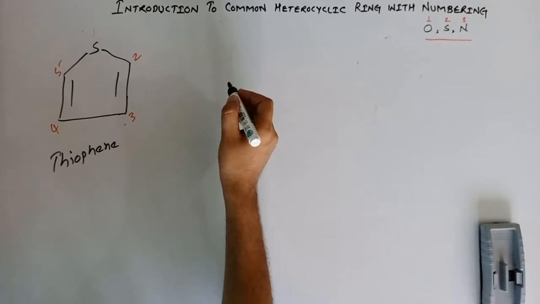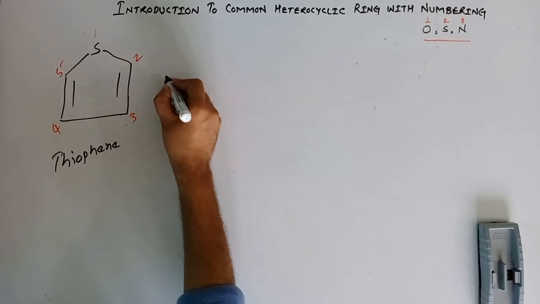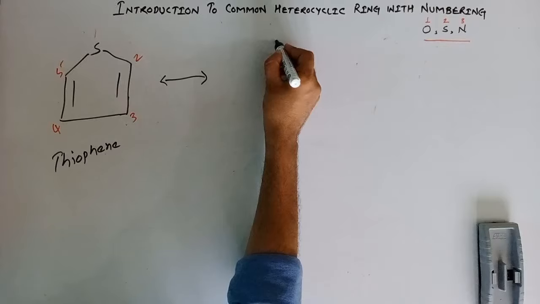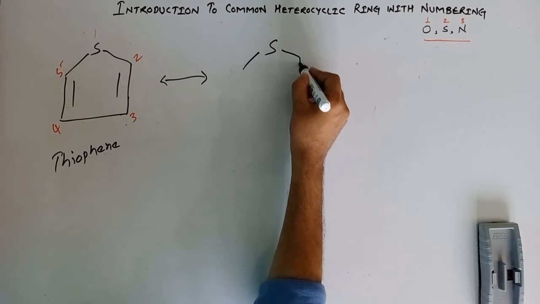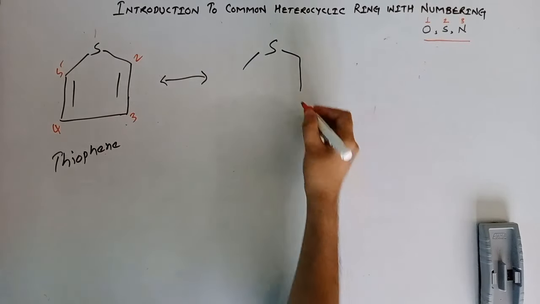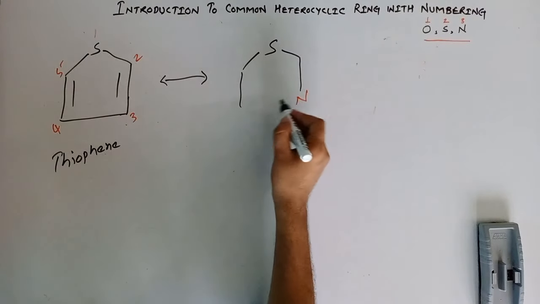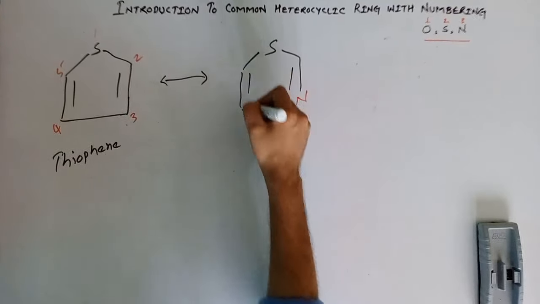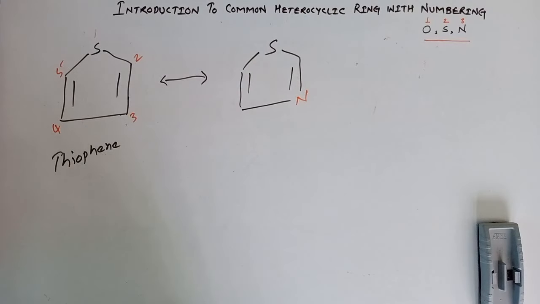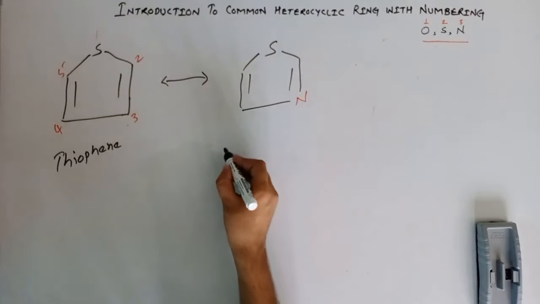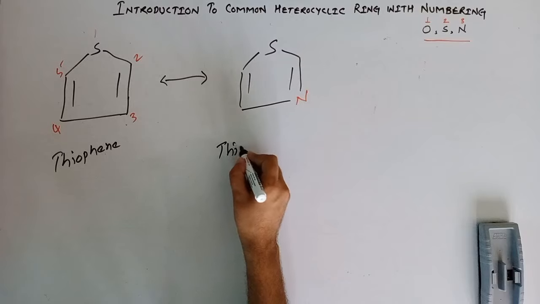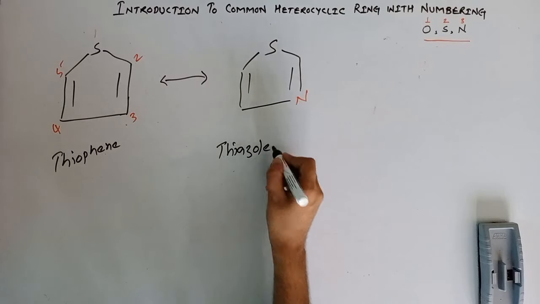If this sulfur containing thiophene ring has nitrogen in its third position, then the structure so obtained is like this. This ring is known by the name thiazole.